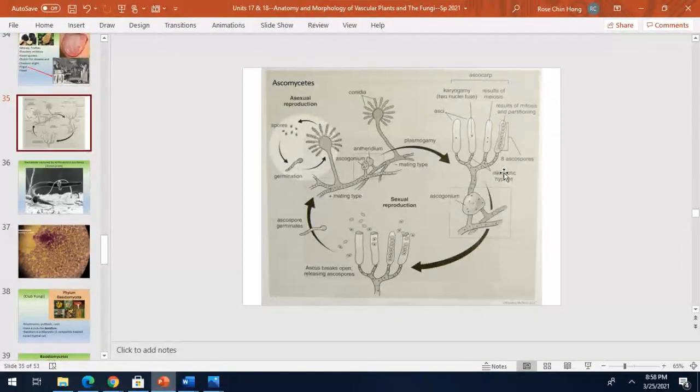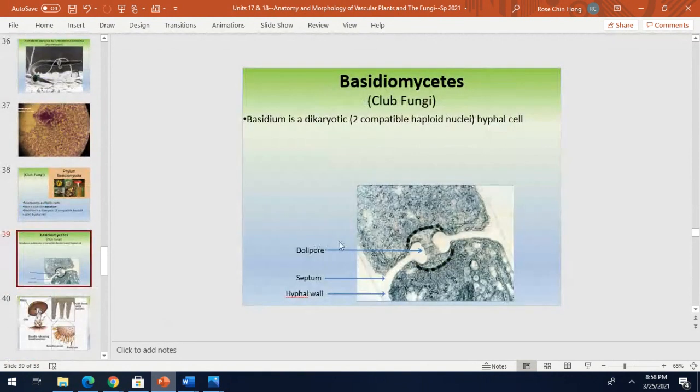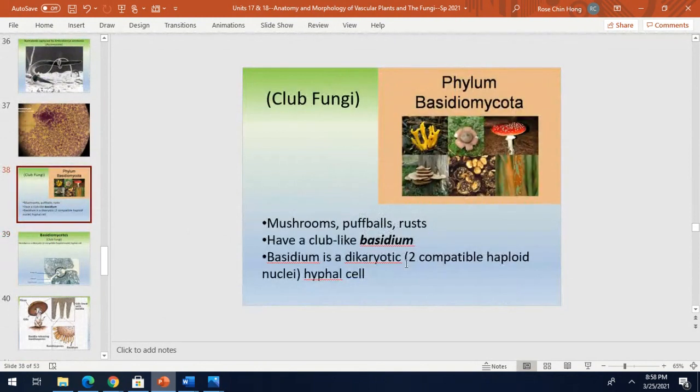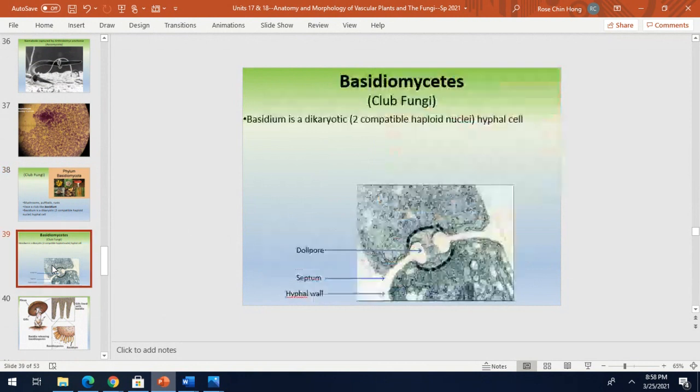So here you see dikaryotic hyphae, and then it will go through its sexual reproduction. All right, so this is the same for Basidiomycota. They have a dikaryotic hyphal cell.